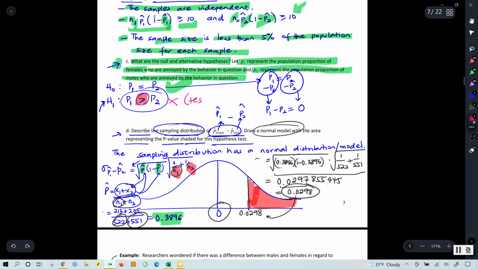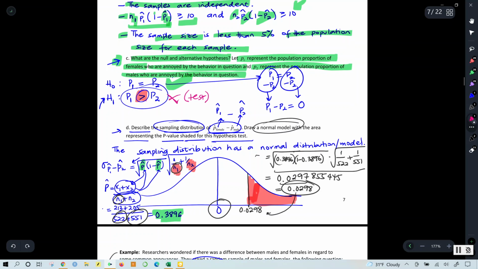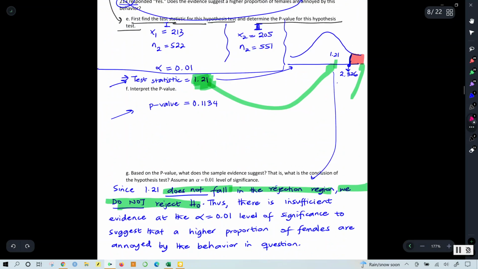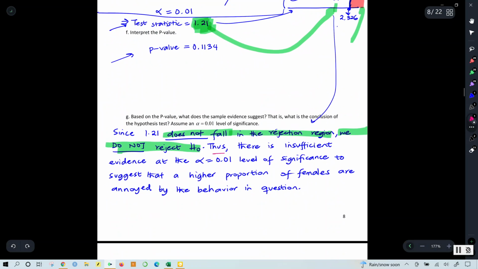But remember, this is the one we wanted to test, which means if it is the bad one, it has to be that we do not have enough evidence in this sample data to back what we wanted to test up. So that is why we say, thus, there is insufficient evidence at the alpha equals 0.01 level of significance to suggest that a higher proportion of females are annoyed by the behavior in question.